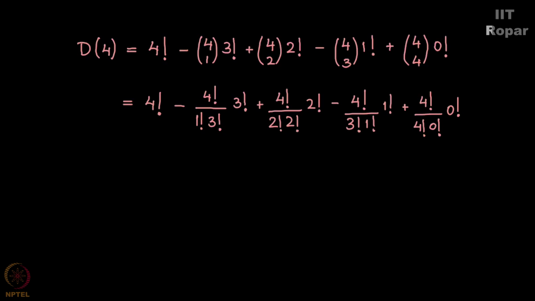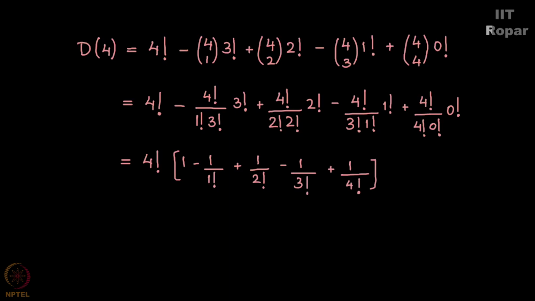Now, the next step would be to take out 4 factorial common. So, it is 4 factorial into 1 minus 1 by 1 factorial plus 1 by 2 factorial minus 1 by 3 factorial plus 1 by 4 factorial. Now, this can also be written as 4 factorial into 1 minus 1 plus 1 by 2 minus 1 by 6 plus 1 by 24.